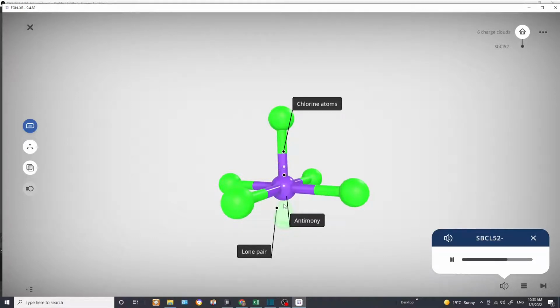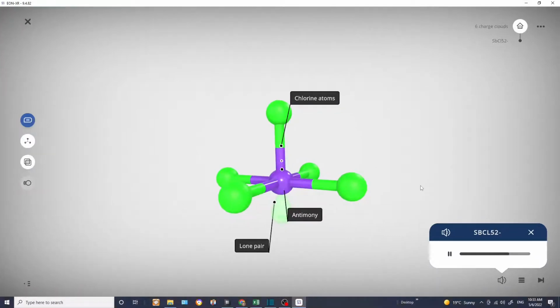So when we are looking at the molecular geometry, the first thing to do is to get the electronic geometry, and from the electronic geometry you deduce the molecular geometry. The other important aspect to consider is that when you have 6 charge clouds, the lone pair should be placed on the axial position to get the correct molecular geometry.